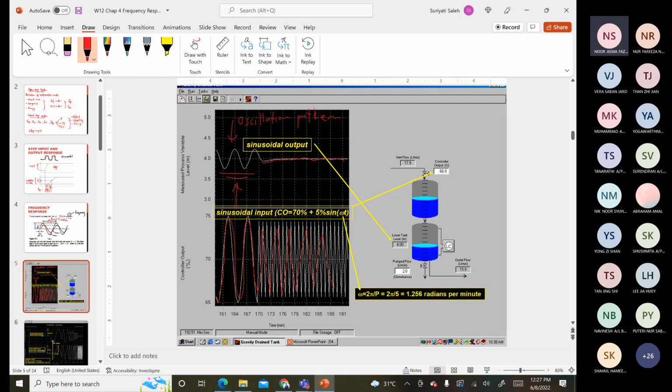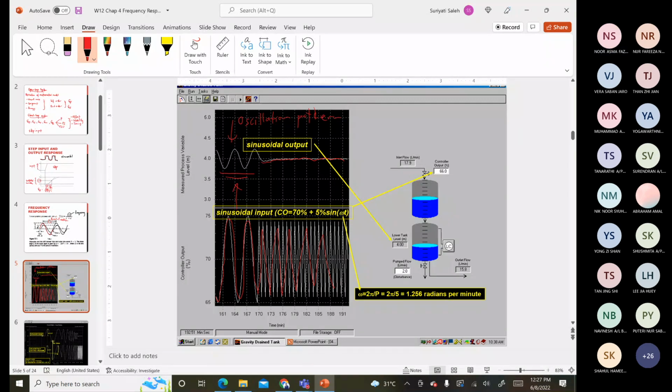Only here you cannot have the smooth response, but it is widely acceptable because in the normal case, in the chemical industry, it is really impossible to obtain the smooth response because the value is kept changing.